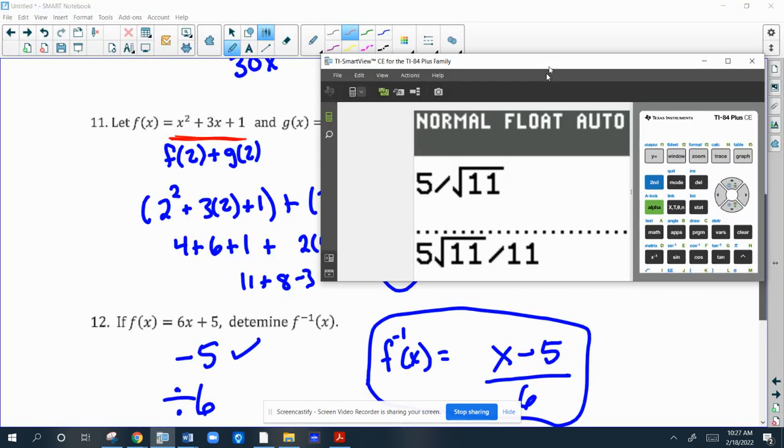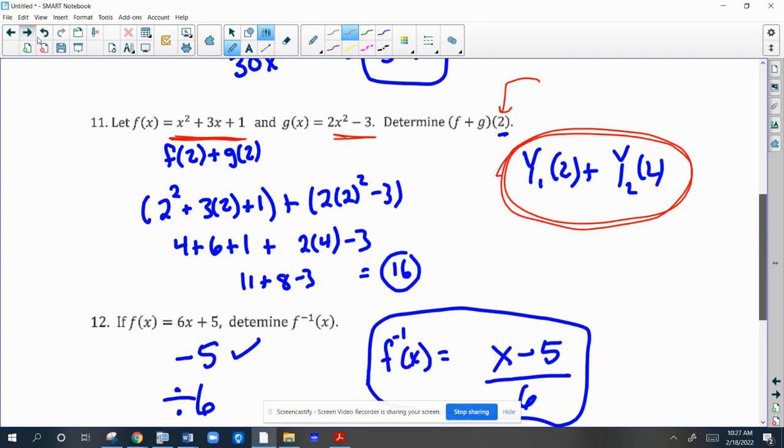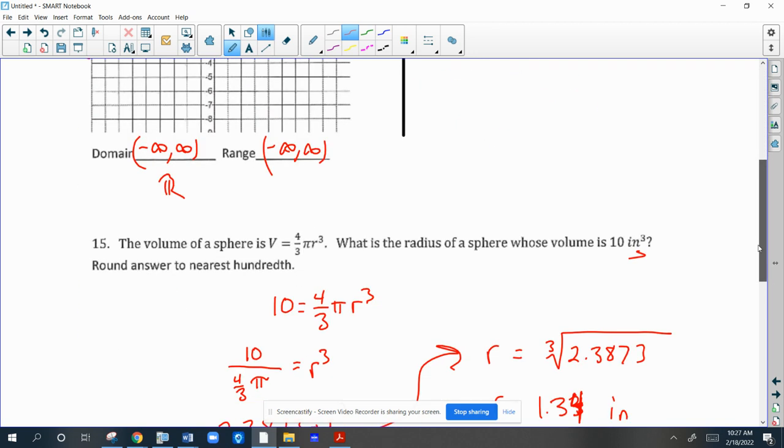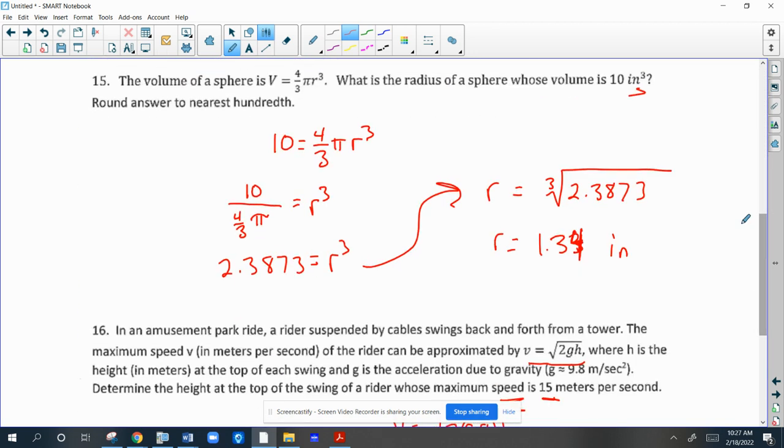Just one or two more things. Let's see what we can do. To check these, I think the best thing to do is see our answer 1.34, plug it in for R, and make sure we get 10. So you're kind of doing this backwards. You won't get exactly 10 because we rounded, but you should get something very close.